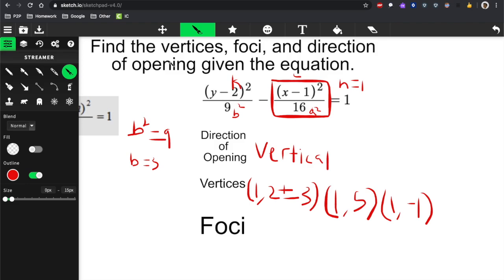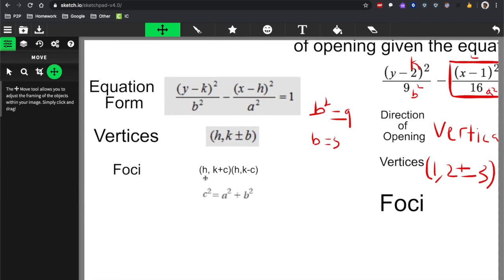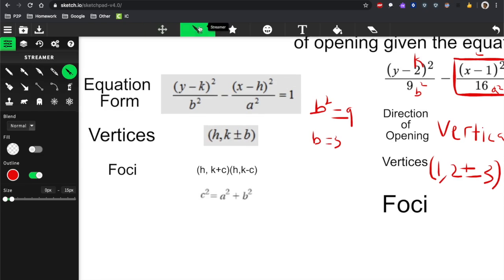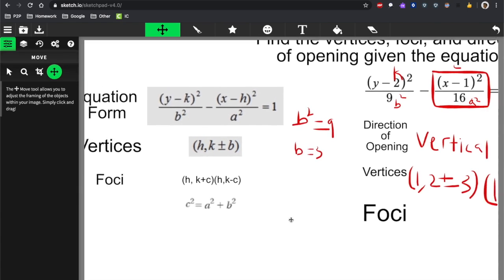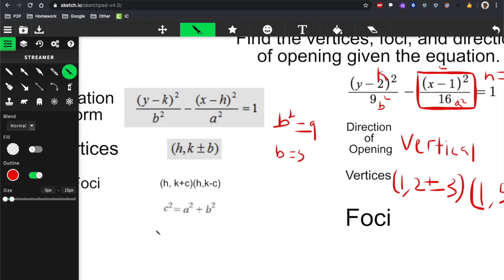Okay, now that we've got our vertices, let's move on to our foci. So our foci equation is pretty similar to the last one, but instead of h plus or minus c, it's h comma k plus or minus c. So we just plug and chug once again. We have to use the equation c squared is equal to a squared plus b squared to find our c value. So let's do that real quick.